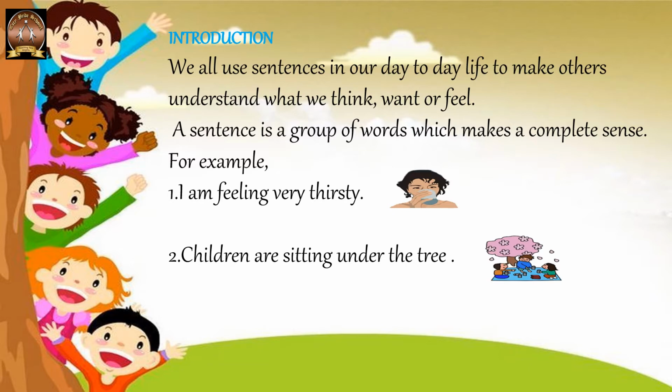Children are sitting under the tree. The tiger has sharp claws, or the big eagle swooped over the giant. So these are the sentences which tell us what we think, what we know, or what we feel.